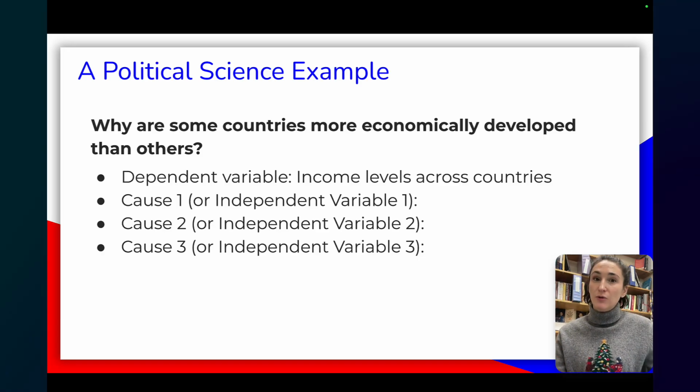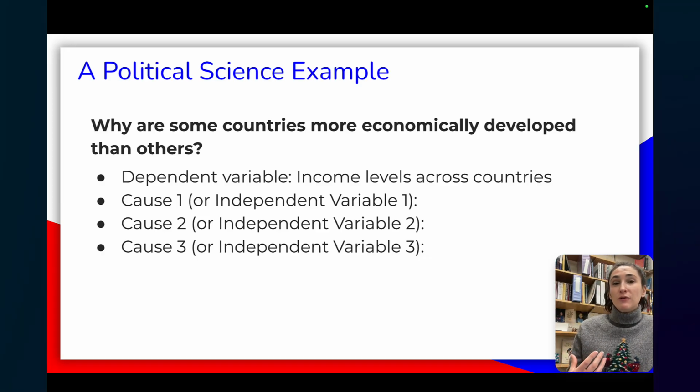That tends to have slightly higher economic outcomes. You can think about the level of education. You can also think about whether a country is a democracy or not. Countries that are democracies tend to have better economic outcomes than countries that are authoritarian in some respects.